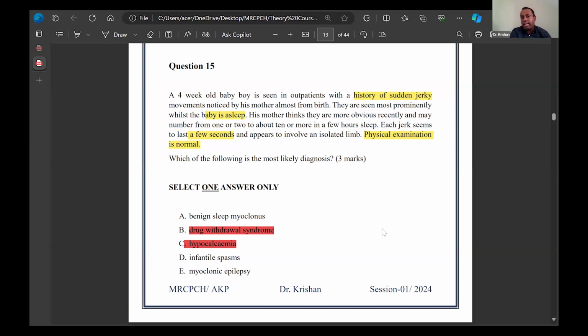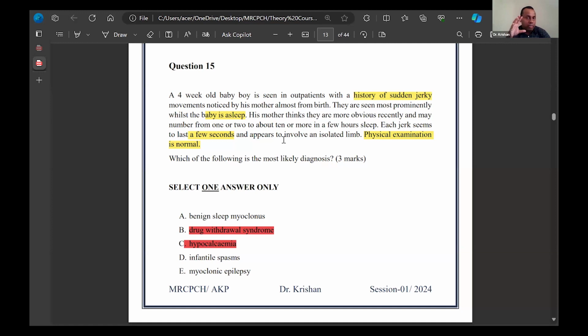Infantile spasms, right? Infantile spasms are unlikely to occur only in one isolated limb. You know, there will be sudden flexion of both upper limbs with associated neck flexion, what we describe as salaam attacks. Here the description is not compatible with salaam attacks, number one.